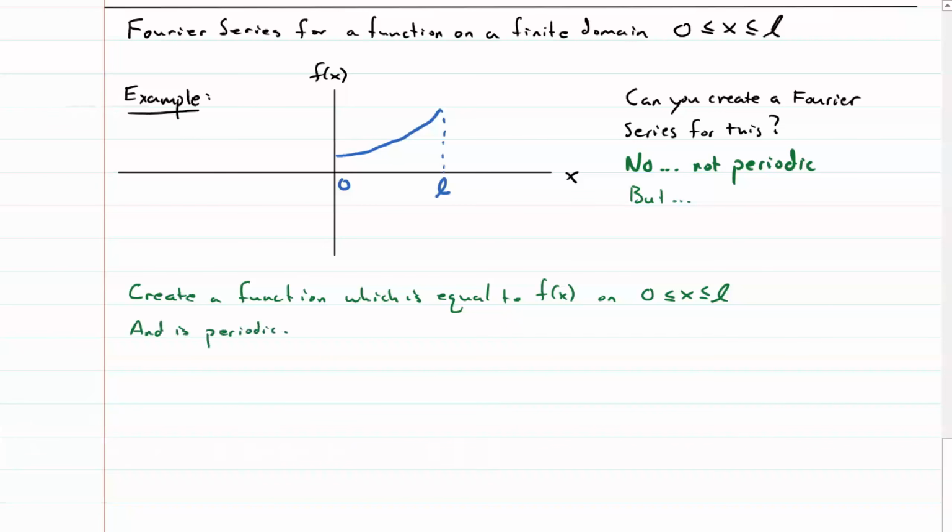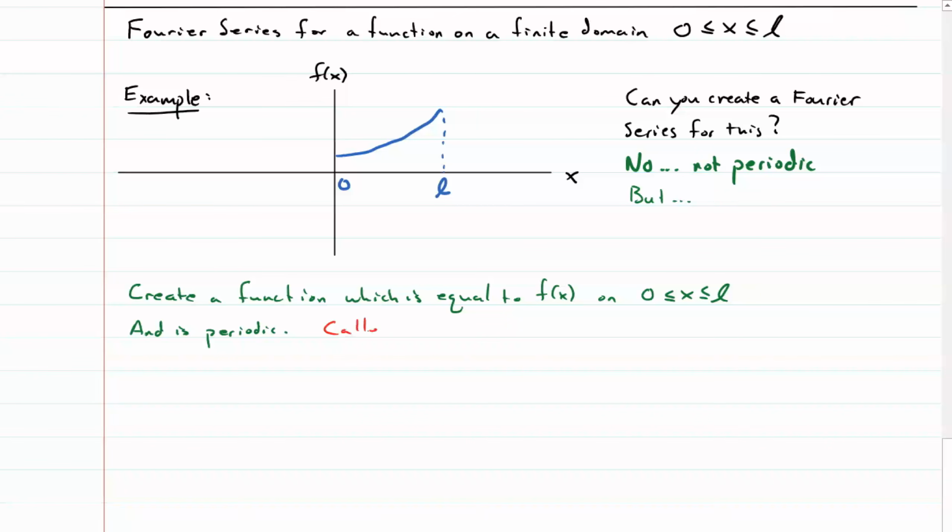And then I could do a Fourier series for that function, and it would agree with this function on the range 0 less than x less than l. So the idea is I make up another function which is periodic, which matches this one on that range, and then do the Fourier series for that. This is called an extension, a periodic extension of the function.